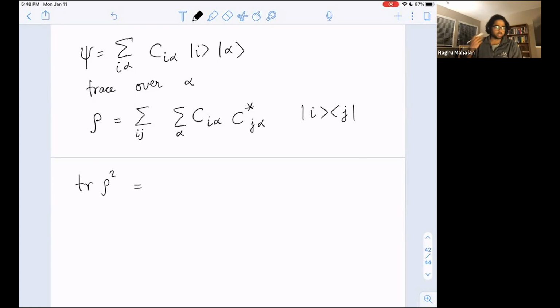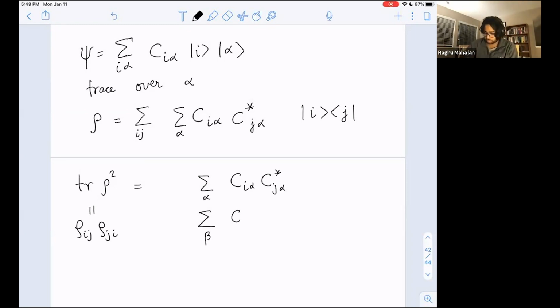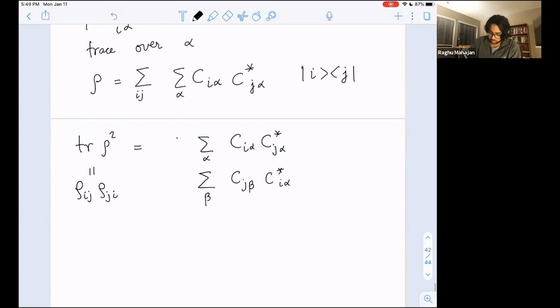We can compute this: we have to take two of the rho's and then take a trace. So we have a sum over alpha, C_i alpha, C star_j alpha, times a sum over beta. Now trace rho squared is rho_ij rho_ji, summed over i and j, so we have to flip the order of j and i. So C_j beta, C star_i beta, and there is still a sum over i and j outside.